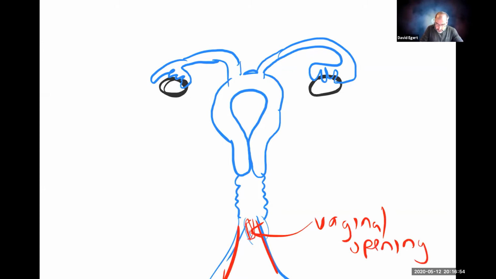Vaginal opening leads up into this vaginal canal. We'll get more into the external genitalia later. But for right now, let's stay here up in the internal part.